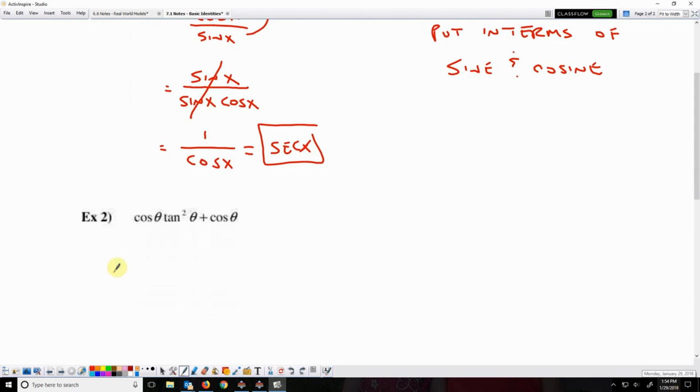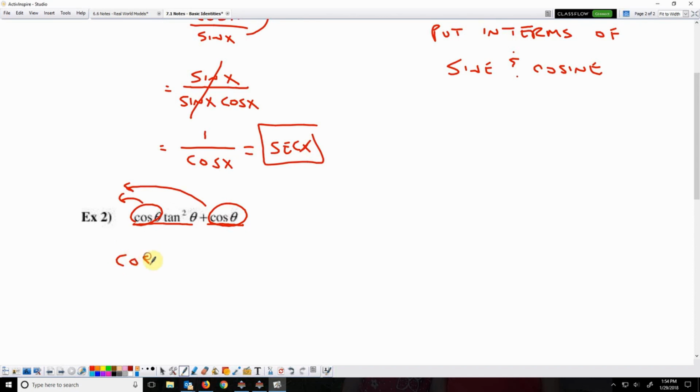Okay, now simplify cosine theta times tan squared theta plus cosine theta. The first thing I notice is I've got two terms, and both of them have cosine theta. So I'm going to factor that cosine theta out.